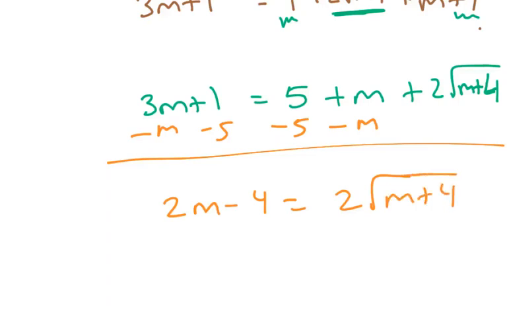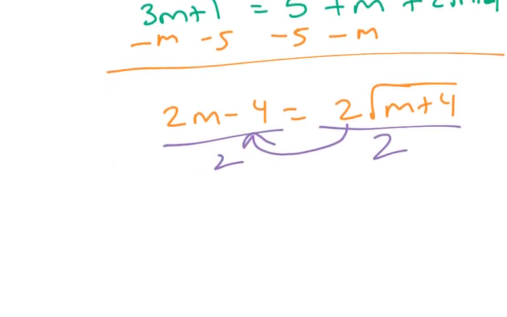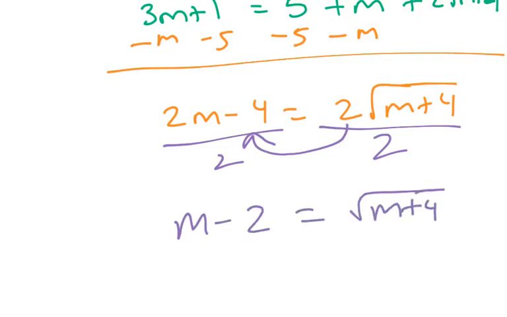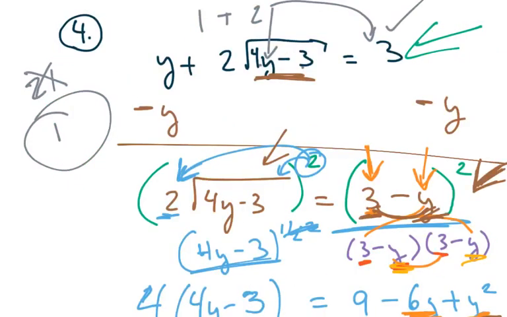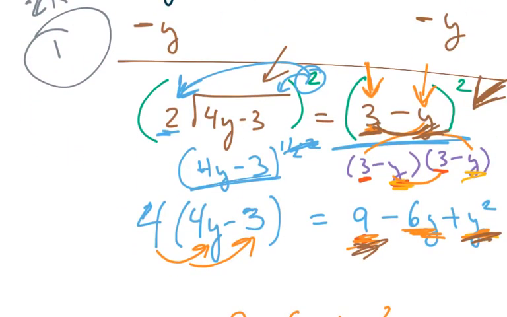Now in this situation, we have to make a decision. Do I want to divide through by 2 on both sides? Here I would, and get m minus 2 equals square root m plus 4. Notice that on the previous problem that was similar, here I didn't. I distributed the square part and I just left it as 4 here.